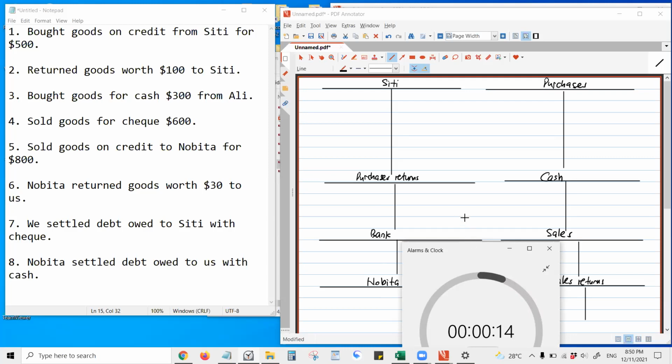I will discuss when the timer is up. If you have not done, you can send a picture to me so that I can see what your progress is.